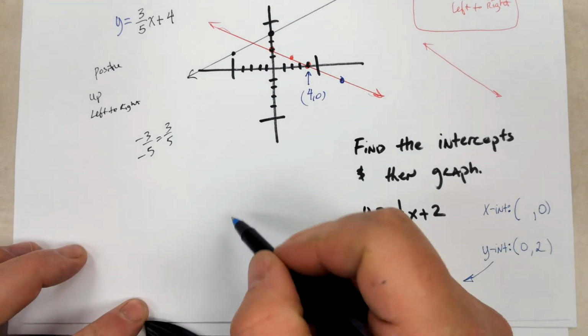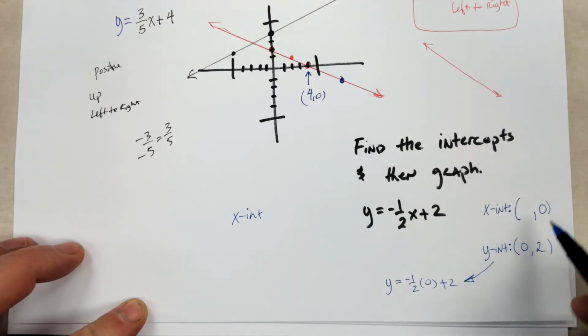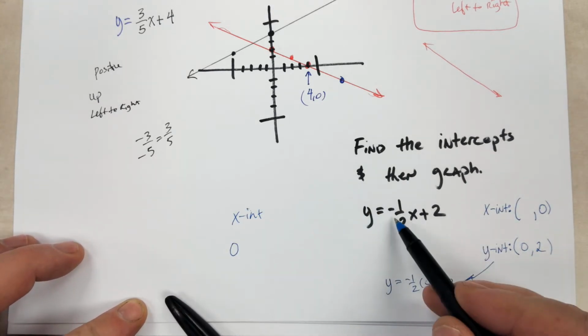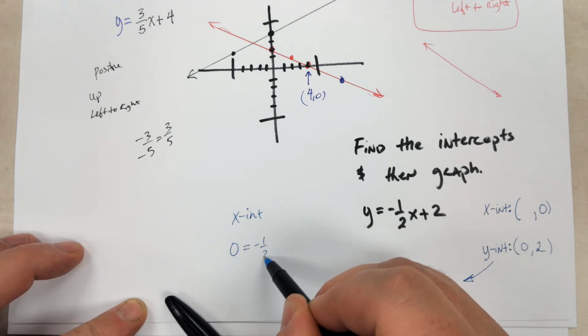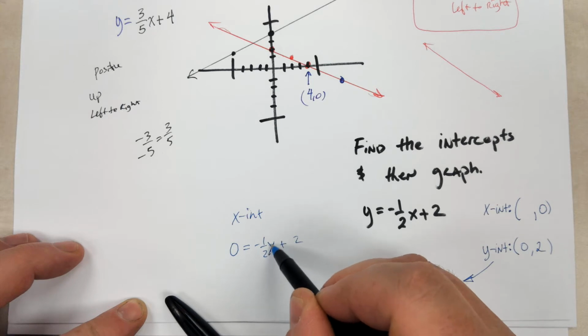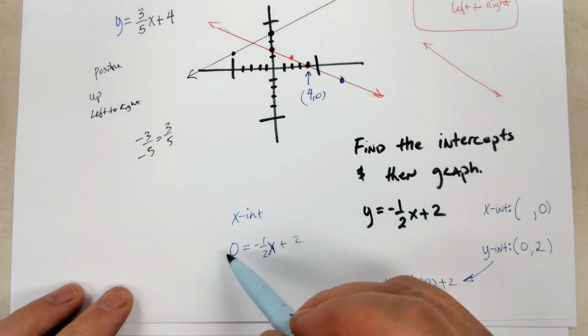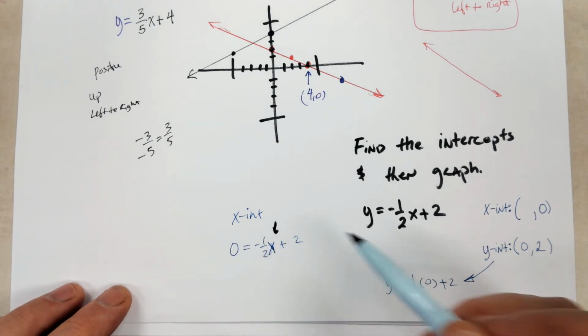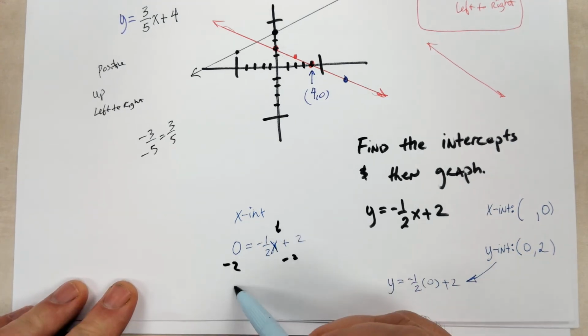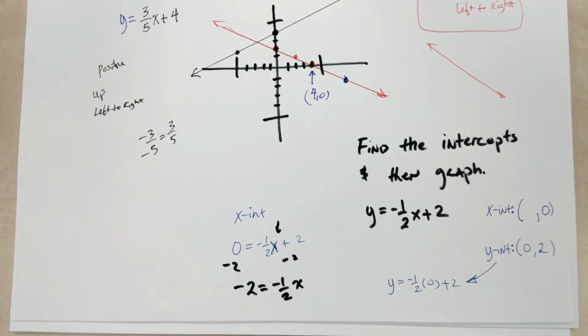For the x-intercept, we have to put the 0 for the y. So 0 equals negative 1/2 x plus 2, and we have to solve for x. You just use inverse operations. You need to get the x by itself, so you subtract 2. You get negative 2 equals negative 1/2 times x.